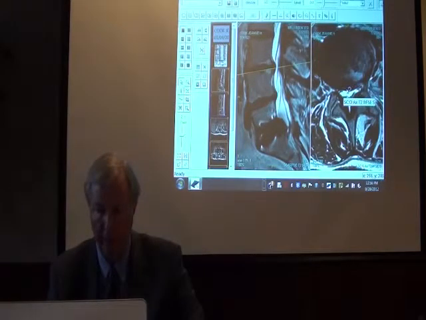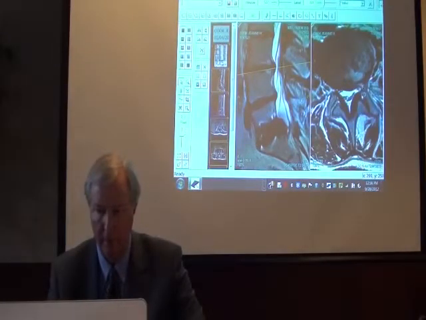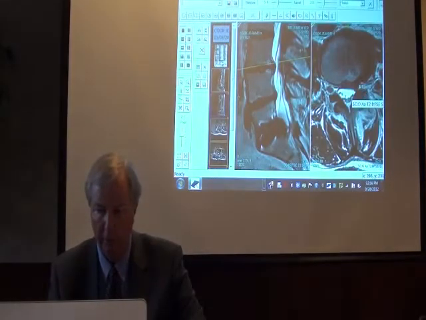So this is actually the disc herniation here. It's central and more to the left. This is the left component right here. And this is actually the foramen that the nerve goes through at that level, which would be the L3 nerve root. You can see the L3 nerve root on the right side, but you really can't see it very well.